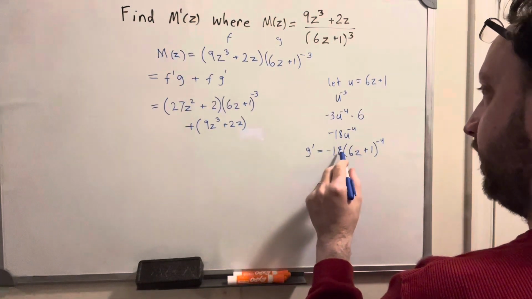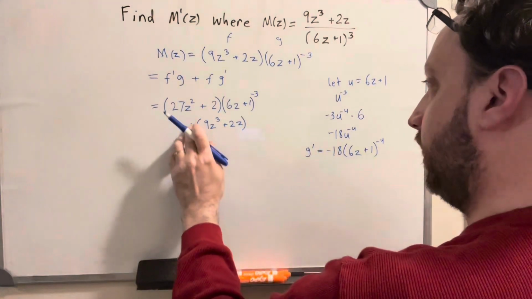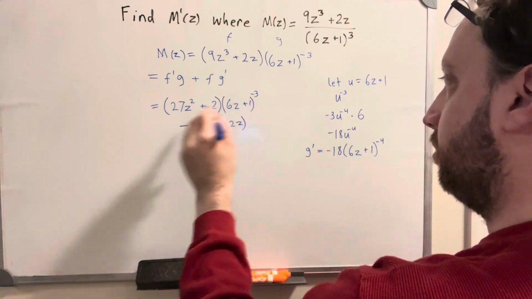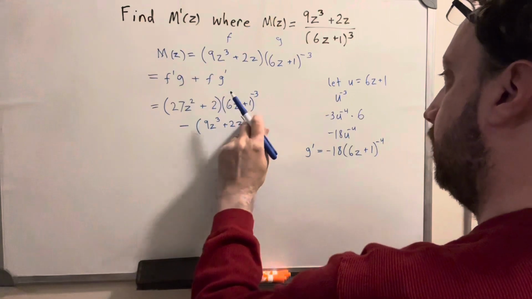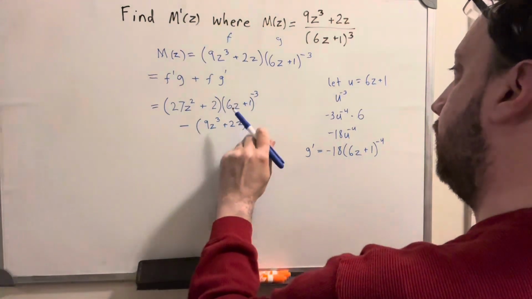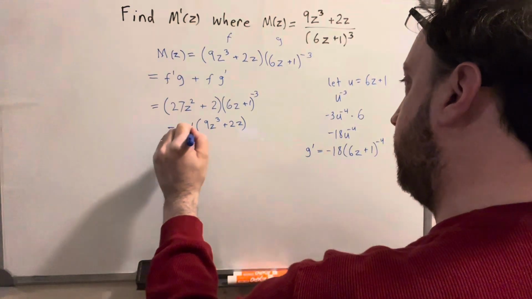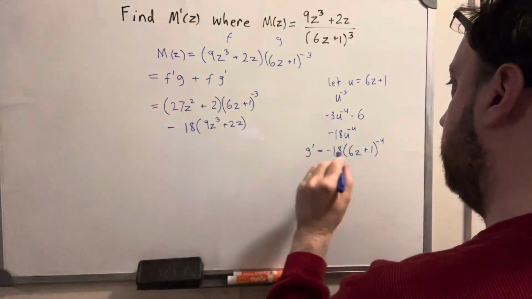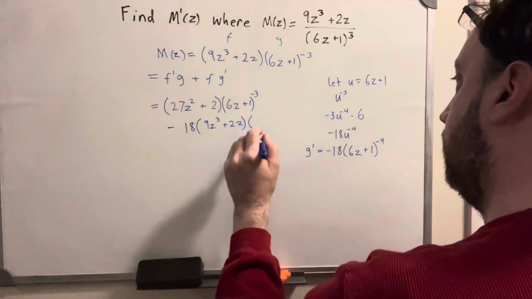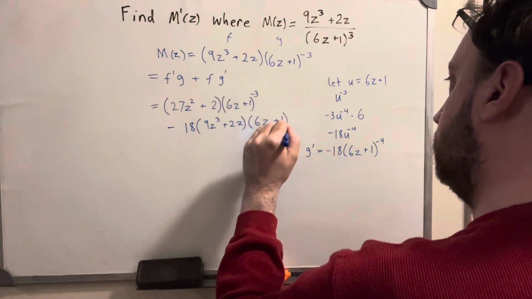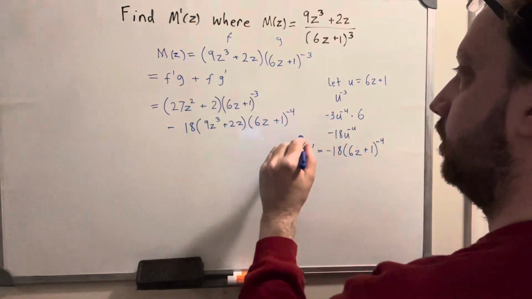Okay, if this is negative 18, then I'm just going to put the negative. So it's all of this minus, and I'm going to put the 18 over here and put the 6z plus 1 to the negative 4th right there.